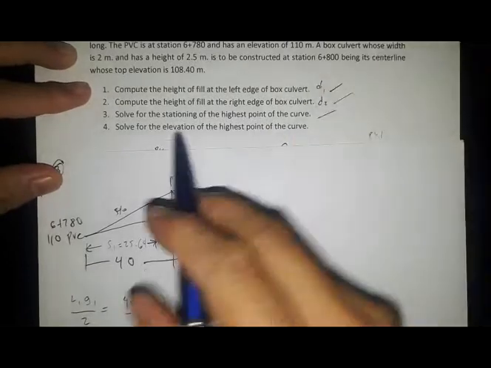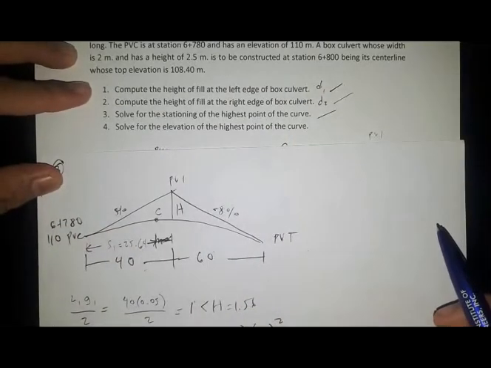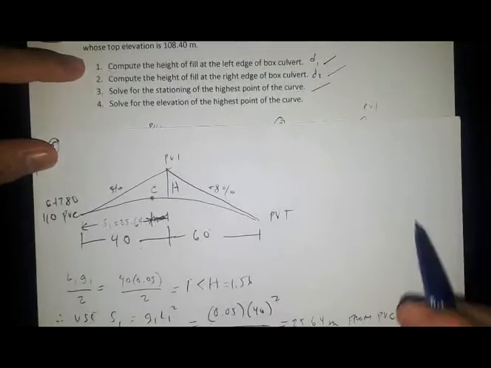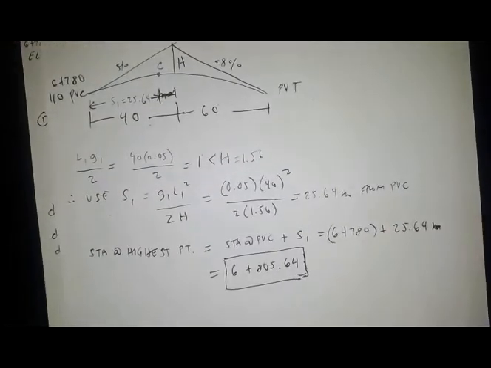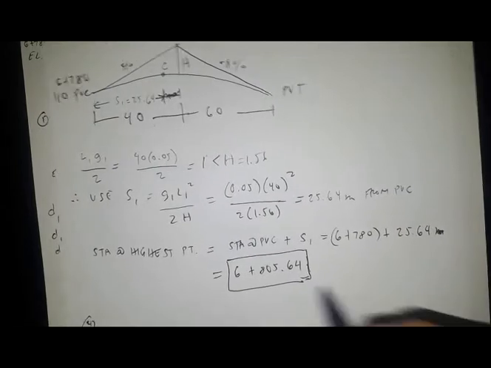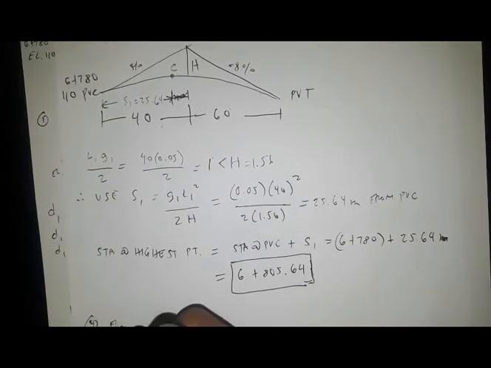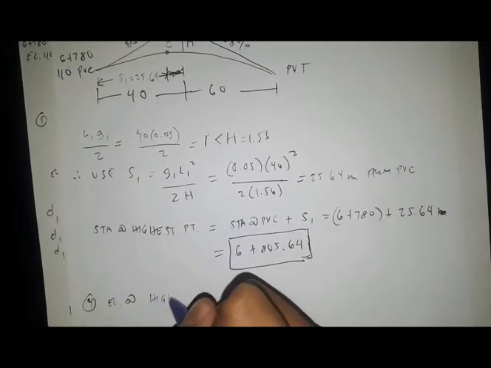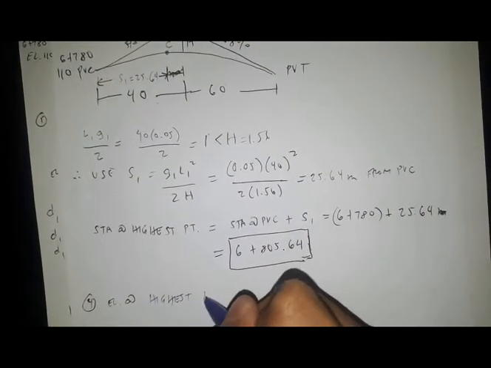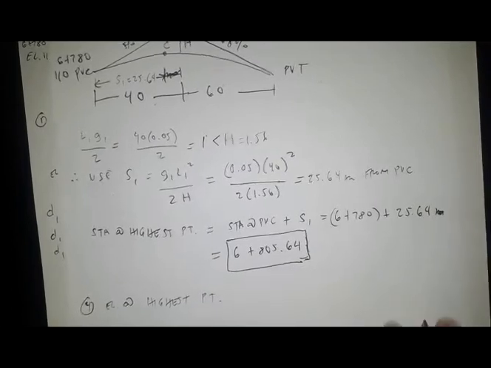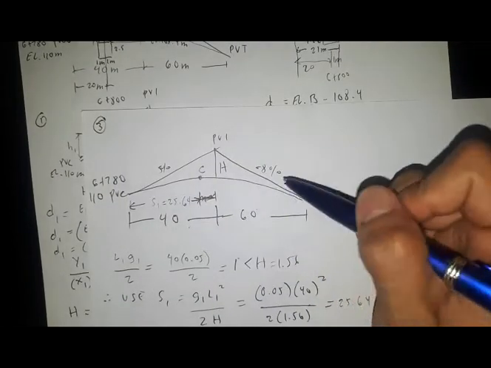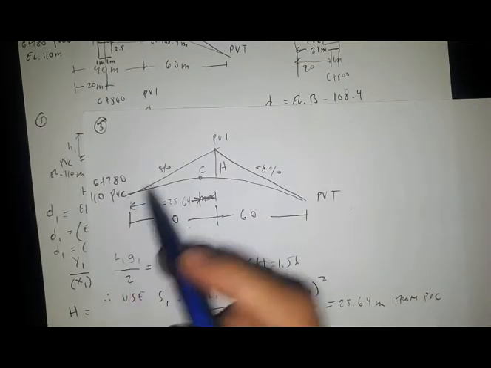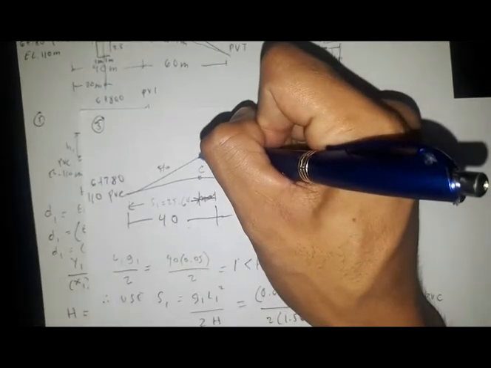question number 3. For number 4, compute for the elevation of the highest point on the curve. So for number 4, we have to solve for the elevation at highest point, which can be solved from elevation of PVC. Let's project this height.